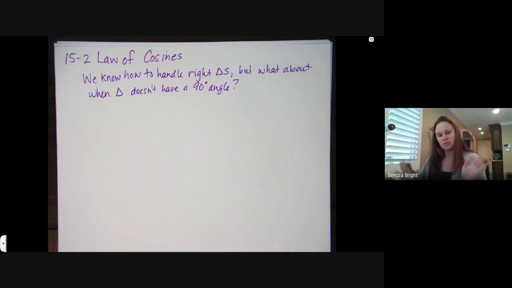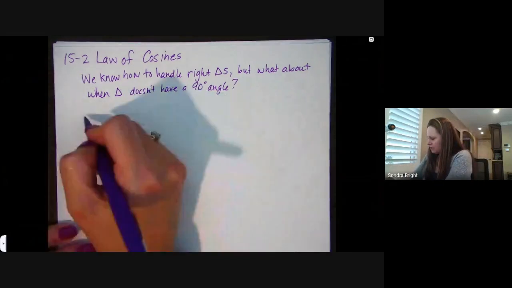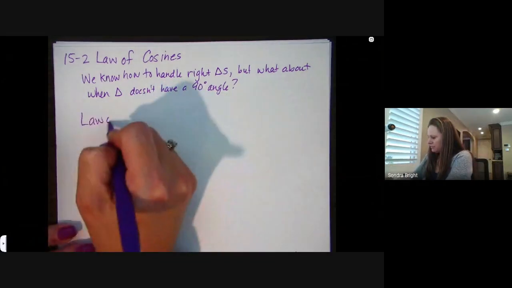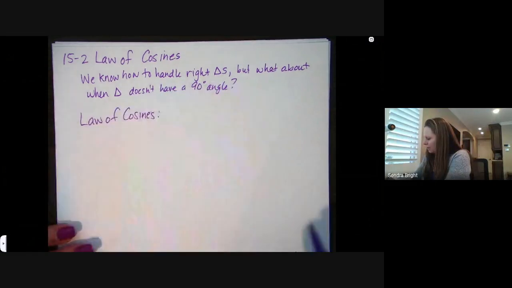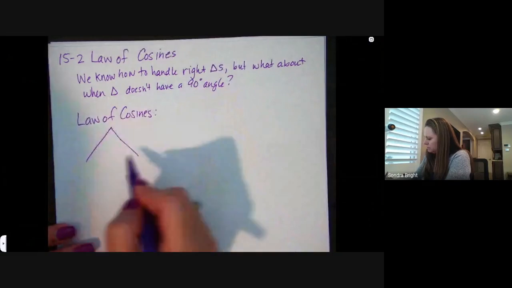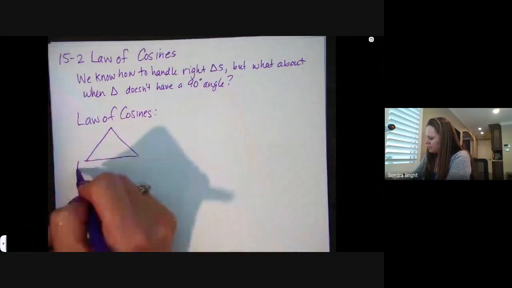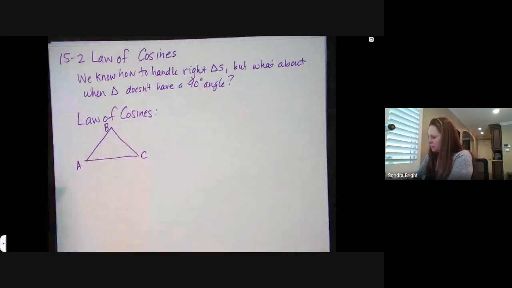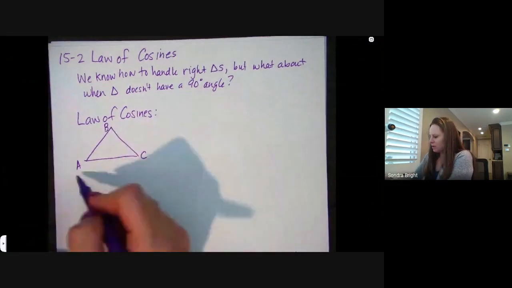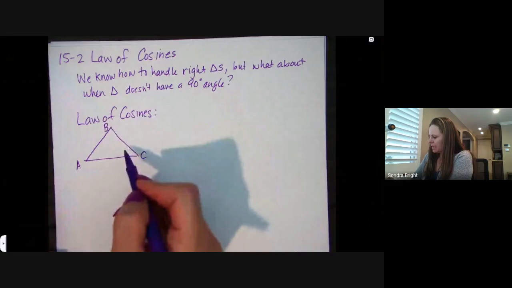All right, so what is the Law of Cosines? It is if I'm given some triangle, A, B, C, no right triangle in there. Remember that capital letters are the angles, and lowercase letters are the sides.